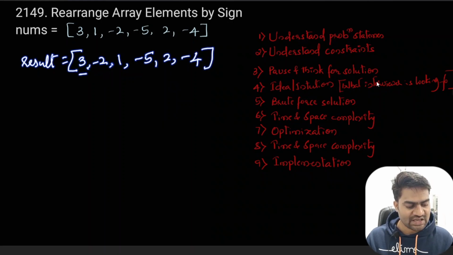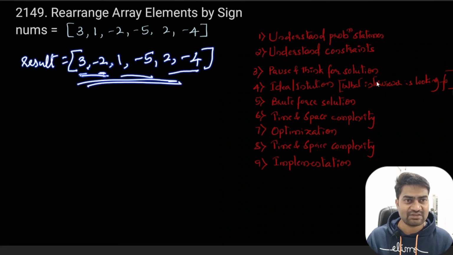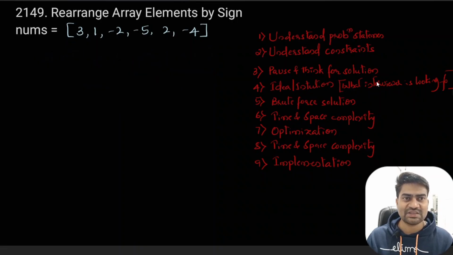Each pair contains one positive number and one negative number. So one positive, one negative, one positive, one negative, one positive and one negative. This is how we need to rearrange and return the answer. This problem is pretty much straightforward.